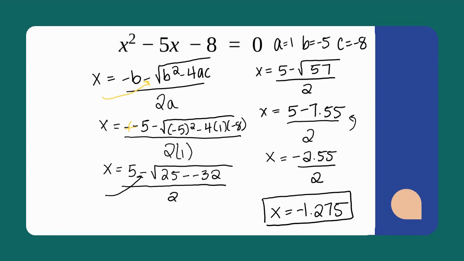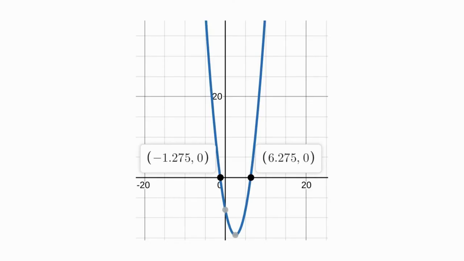So this is the second solution to our quadratic equation. The first one was x equals 6.125. So those are our two solutions to this quadratic equation.